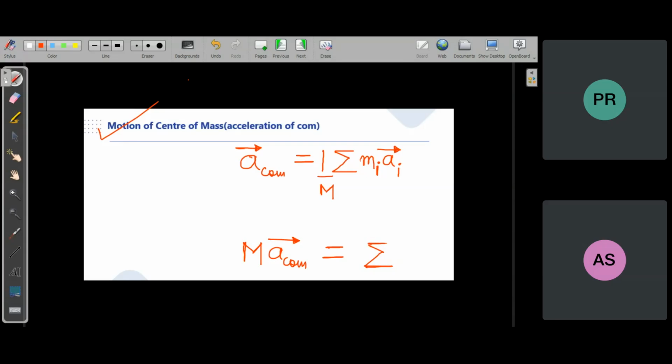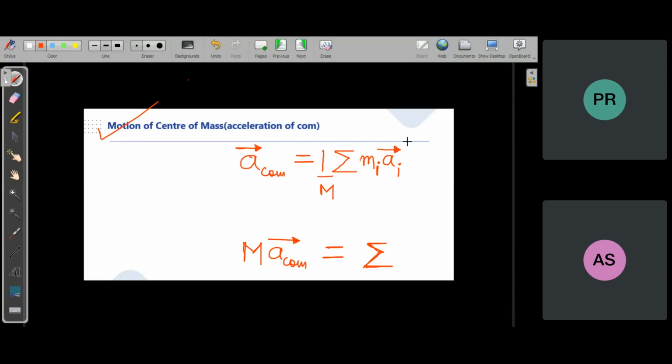Now, if you look carefully, what is mi ai? That will be mass of the ith particle times acceleration of the ith particle. So all these are particles, right? If I look at any one particle, we already know Newton's law. On a particle, its mass into acceleration will be the external force acting on it.